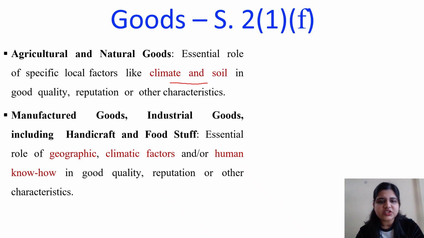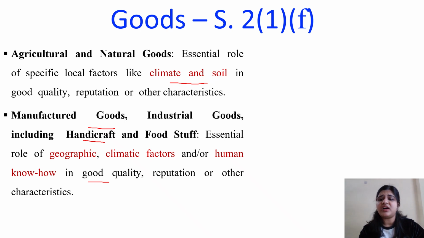Now for manufactured goods, industrial goods including handicraft and foodstuff, the essential role is geographic, climatic factors or human know-how in good quality, reputation or other characteristics, like we saw in Hyderabad Halim.